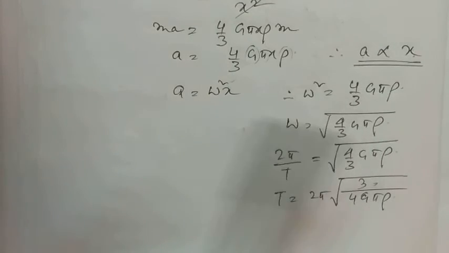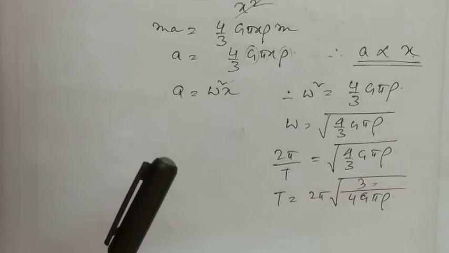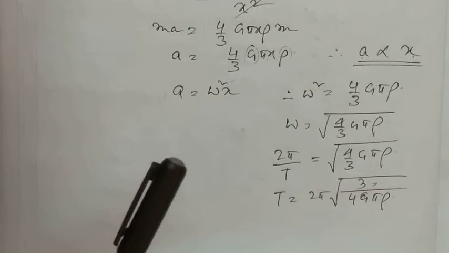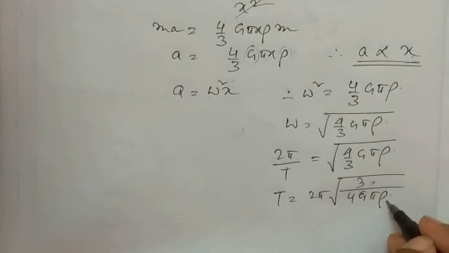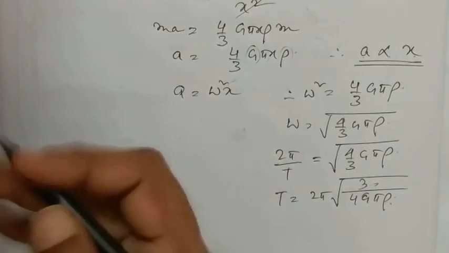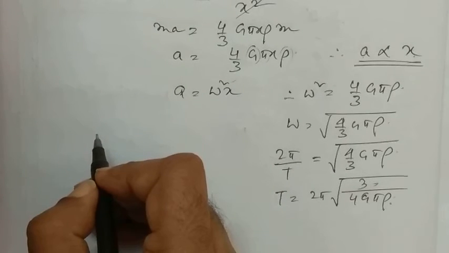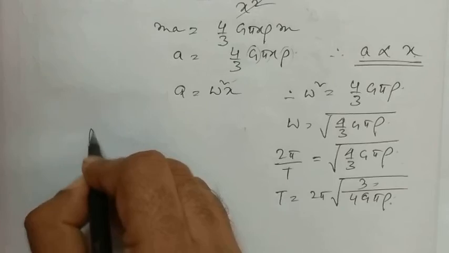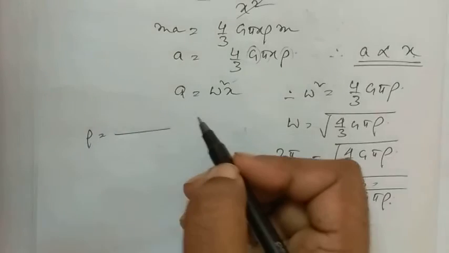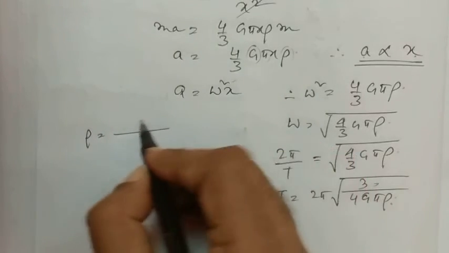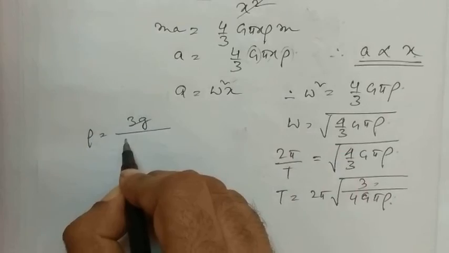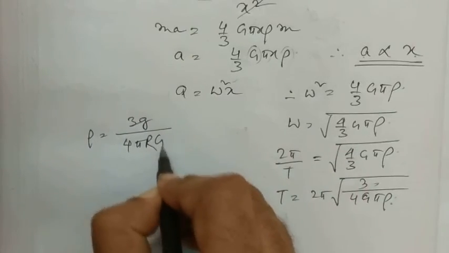But this value is very hard to remember. So we replace the value of rho. From the first video, we had found out the value of the average density of the earth, which was 3g by 4 pi R g.